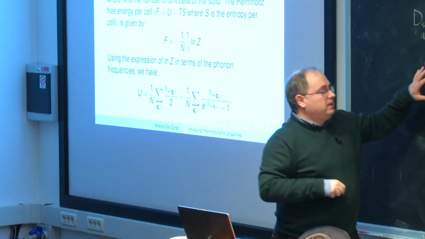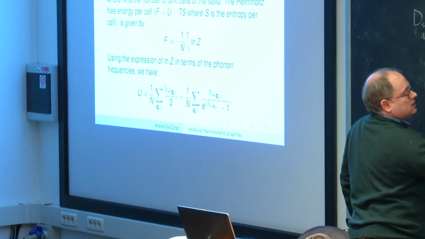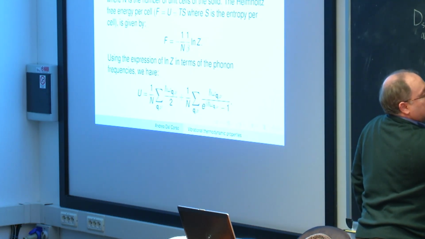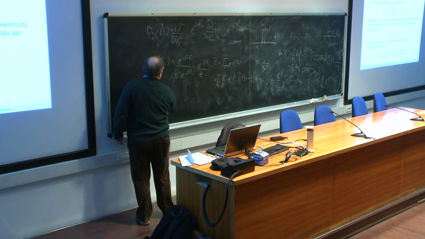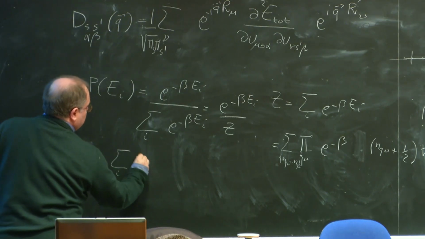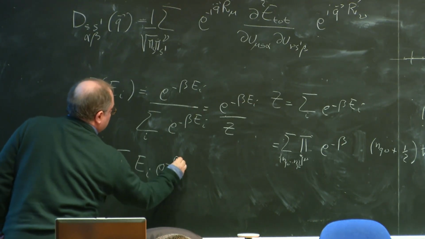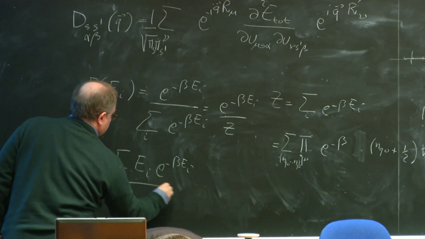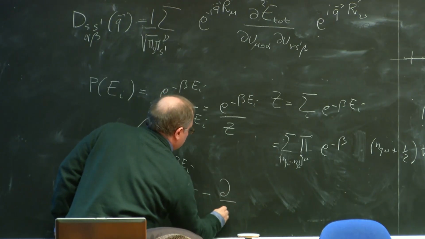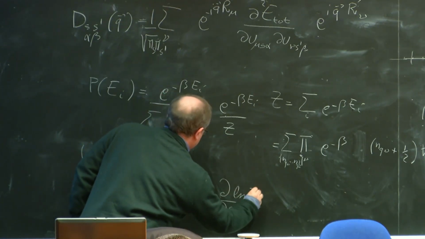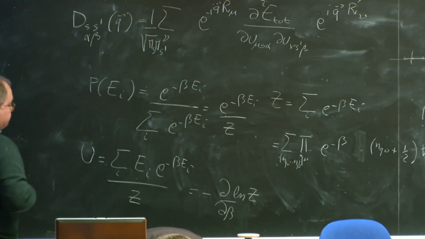So if you have the probability that a given state has energy epsilon E, this is e to the minus beta E divided by Z. And if you want to calculate the average energy, you do the sum over E of E times its probability, e to the minus beta E divided by Z. And this is minus the derivative with respect to beta of the logarithm of Z. So look at that.